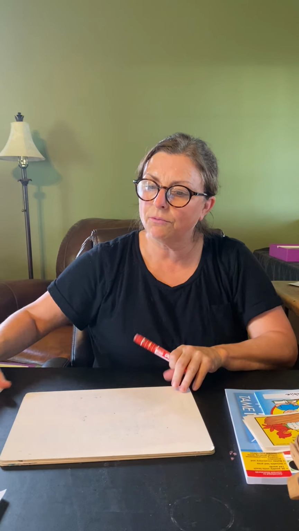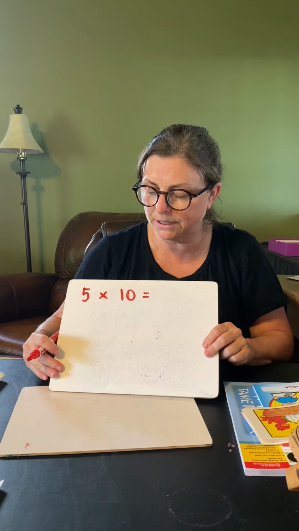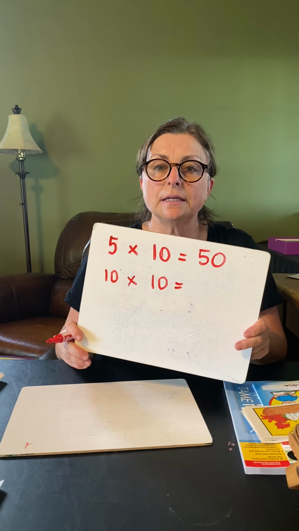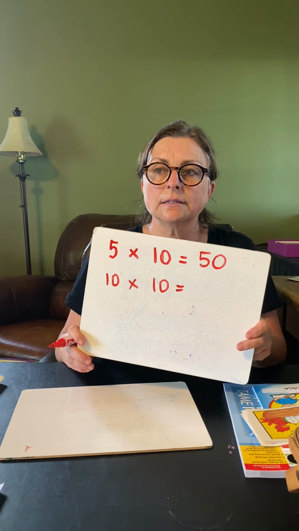So based on what we just did, let's look at it. A nickel's worth 5, and if we had 10 nickels, 5 times 10 equals 50. A dime is worth 10. If we had 10 dimes, 10 times 10 would be what, class?